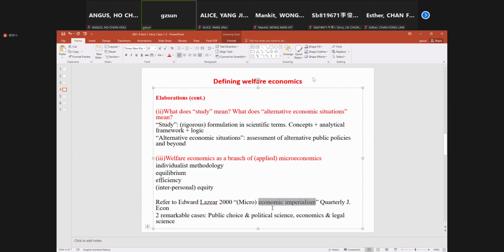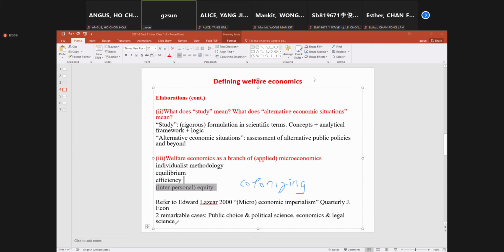So therefore, we can colonize other non-economic social sciences, like part of sociology, part of political science, and legal science, 法科 is law, the study of the law.